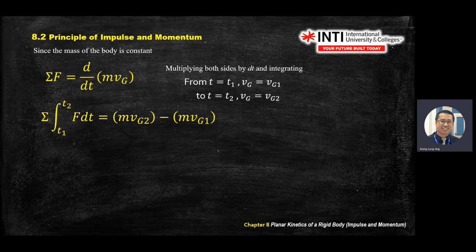But in the textbook, we always like to see positive linear equation. So what we do, we pull the negative term to the left hand side. So mv1 plus the impulse equal to mv2. Okay, so this one you learn in your particles already.